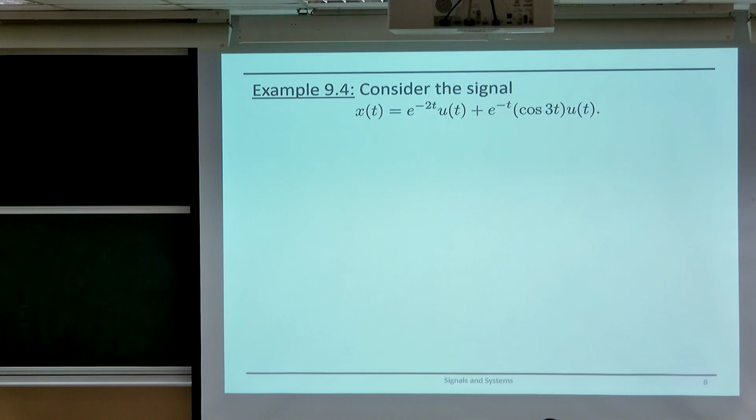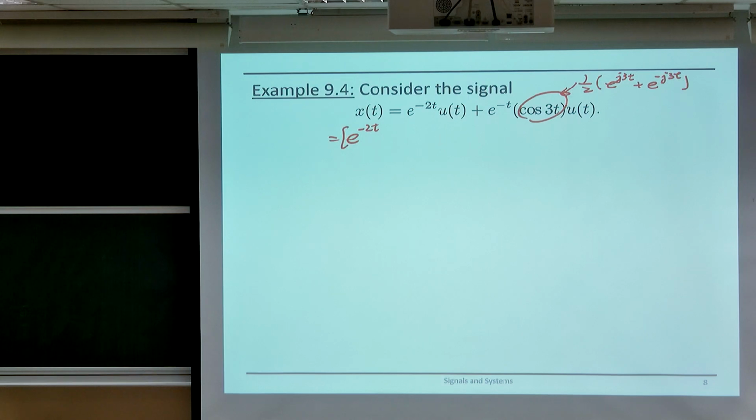So this is e to the minus t times 1/2 (e to the j 3t plus e to the minus j 3t).